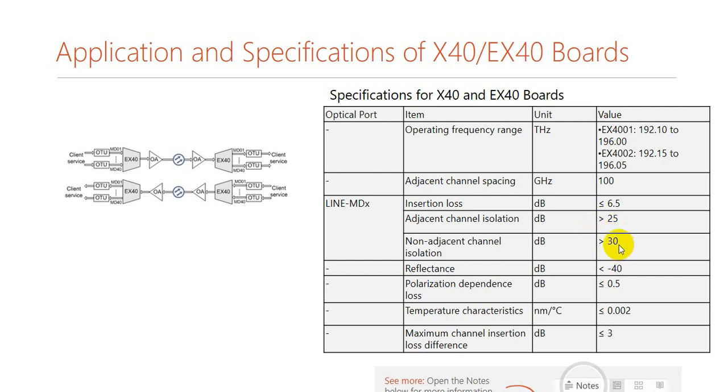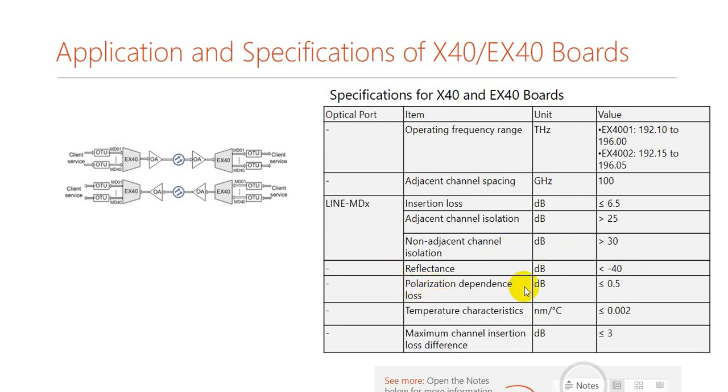In the power spectrum, isolation means how far apart they are. Then the reflectance of this board is less than or equal to -40. Reflectance should always be low.